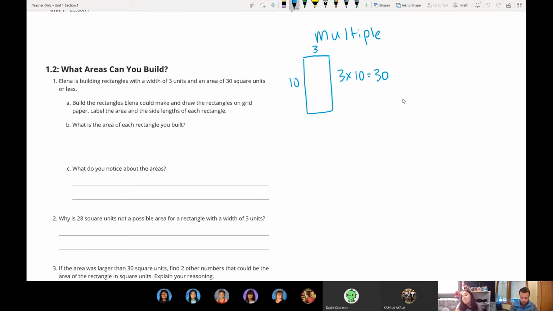What if we did 3 by 11? What's our area there? Three times 11.